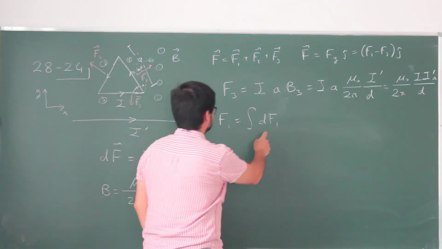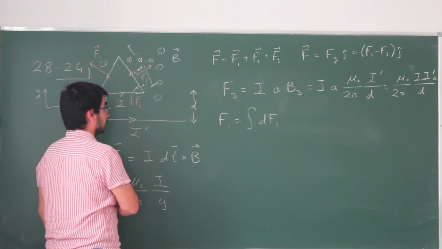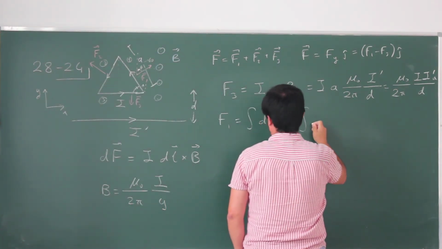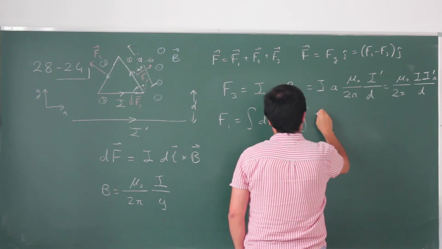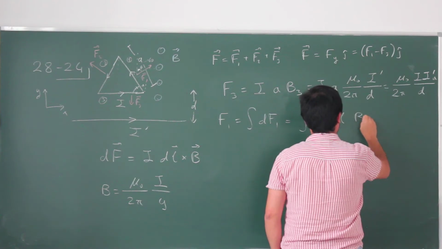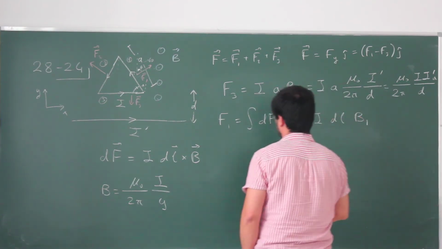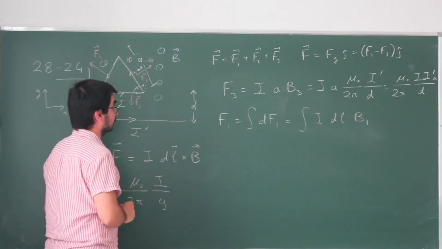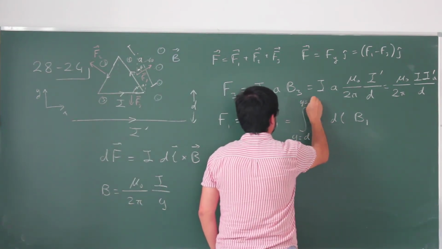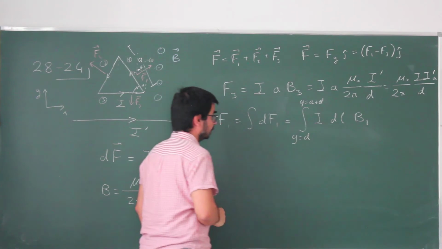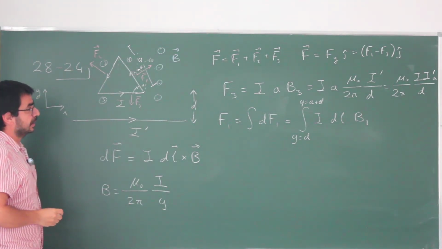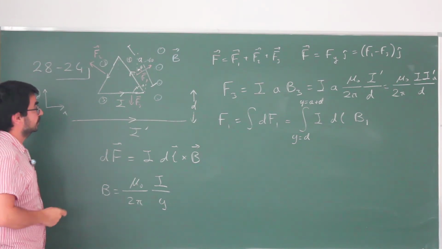And for the dF, I'm again going to utilize the same formula. So this is going to be I times dl times just B1. So this B1 of course depends on our distance, and to do this I'm going to just go from y equals d to y equals a plus d. So that B1 is going to be a function of y, and I'm going to need to express that dl in terms of y in some way. The I is of course a constant.